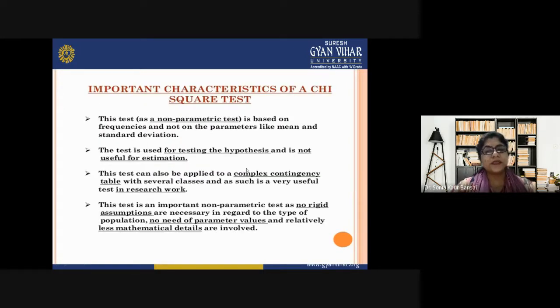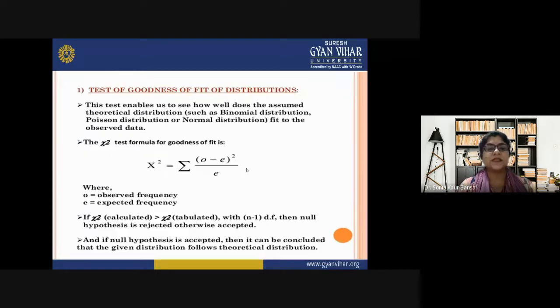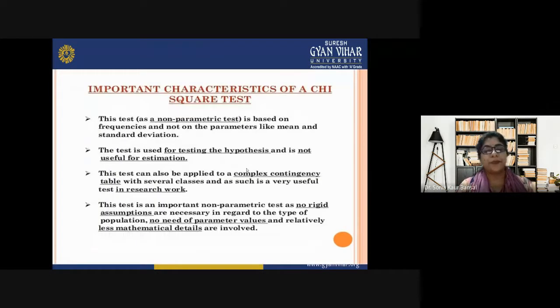Important characteristics of a chi-square test. What are the important characteristics? Let's understand them one by one. Number one, this test is a non-parametric test based on frequencies, not on parameters like mean and standard deviation.